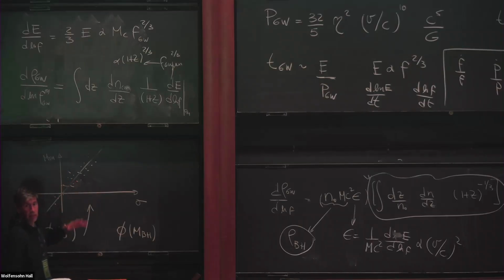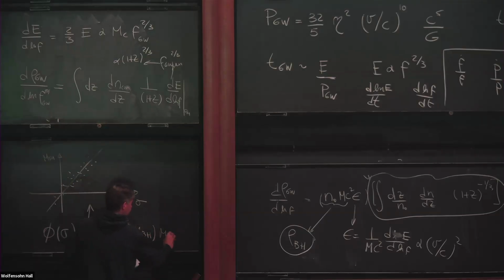So that's another route to do it. People have counted galaxies as a function of velocity dispersion, for example, in big redshift surveys, and there are many estimates, and there are estimates of the M sigma relation. So you can do this, you plug it in, and you can, for example, compute the mass density of black holes by multiplying this and integrating.